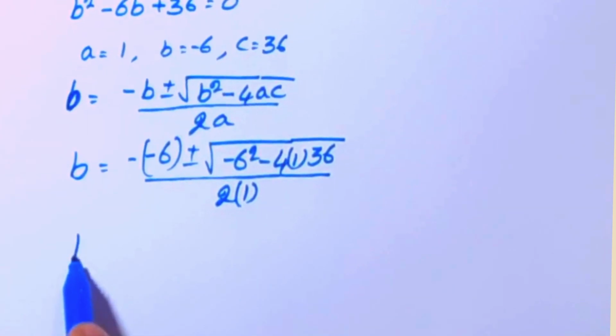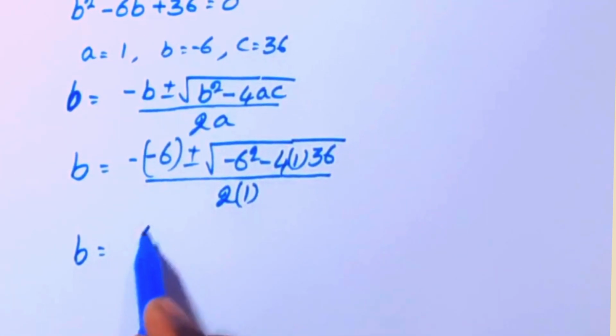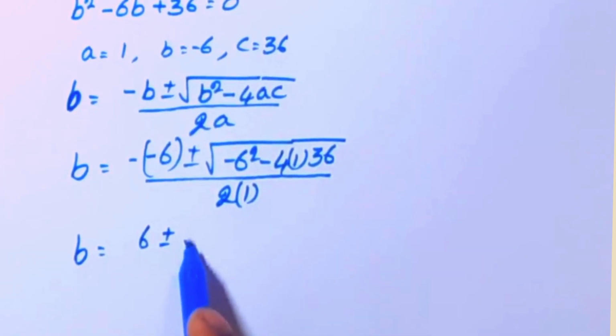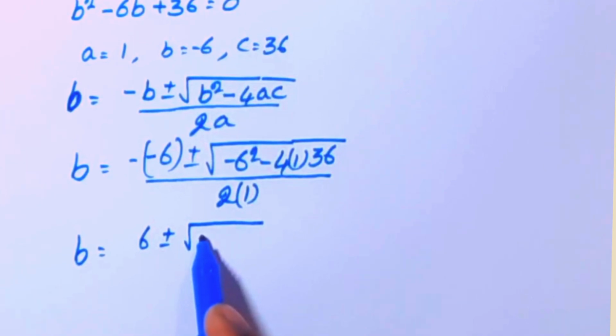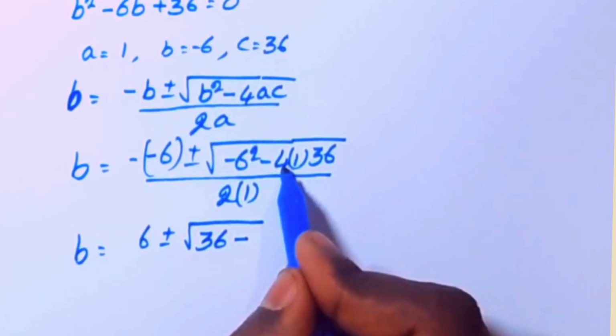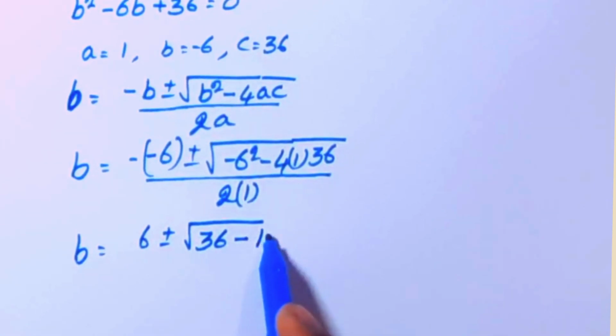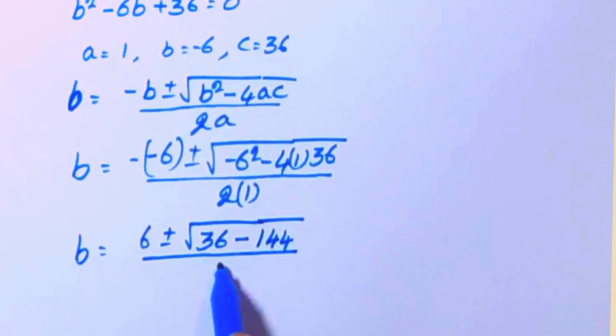Now b equal to minus into minus is plus 6, plus or minus square root of minus 6 square is 36 minus 4 times 1 is 4, 4 times 36 is 144, by 2.